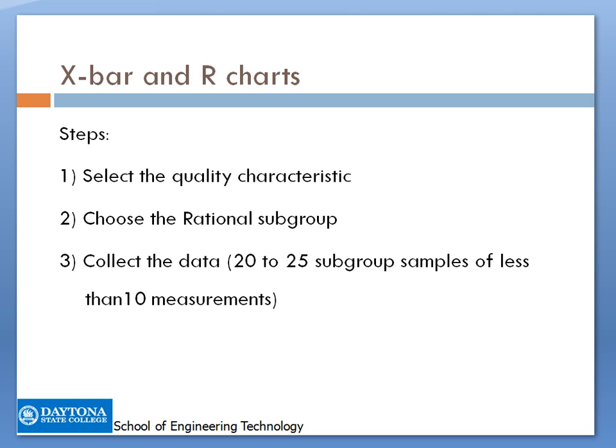Now, it is important to understand that when you collect data in a random manner, this doesn't mean that the data collected are rational. Okay, so a rational subgroup is one in which the variation within the subgroup is due only to common causes of variation.